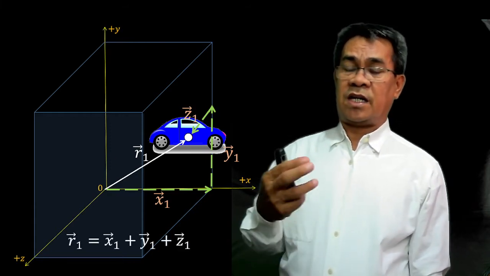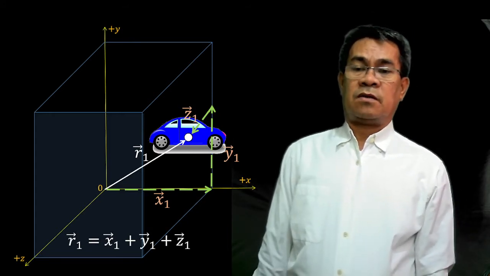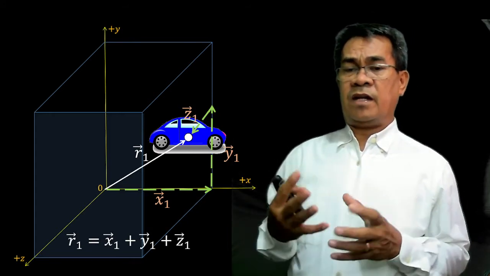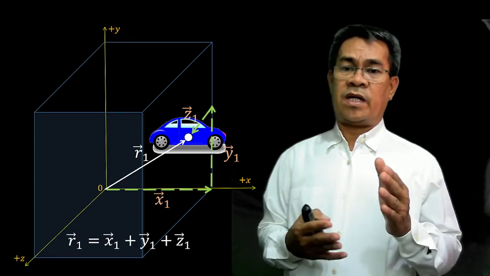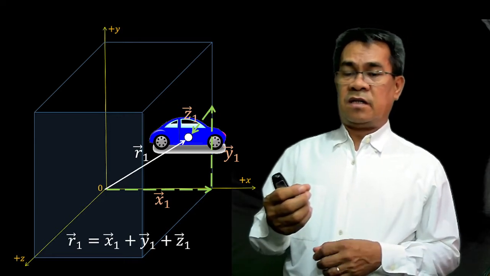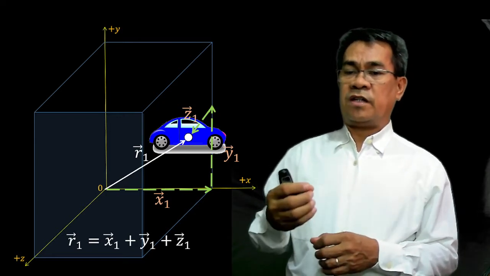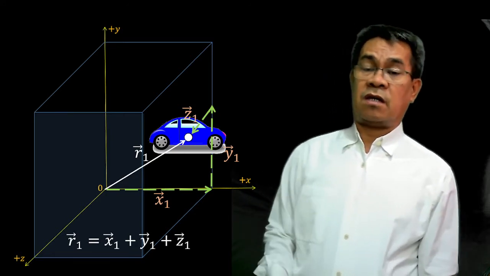So mathematically it is written in that manner. Meaning if we have the magnitudes of x1, y1, and z1, then we can provide the value for the position of the point at R1.